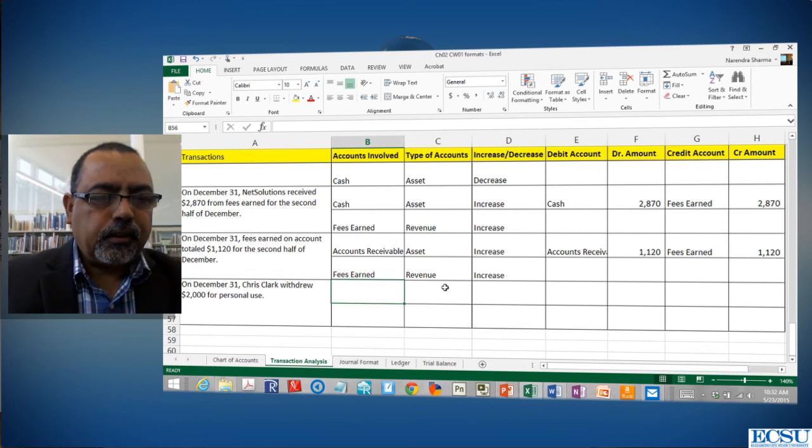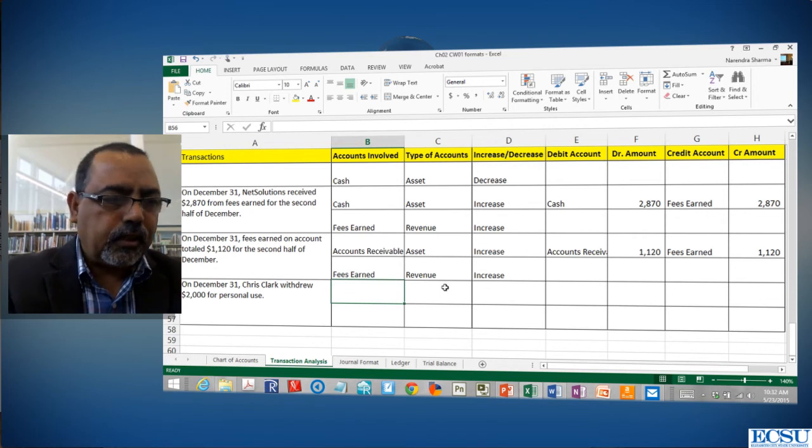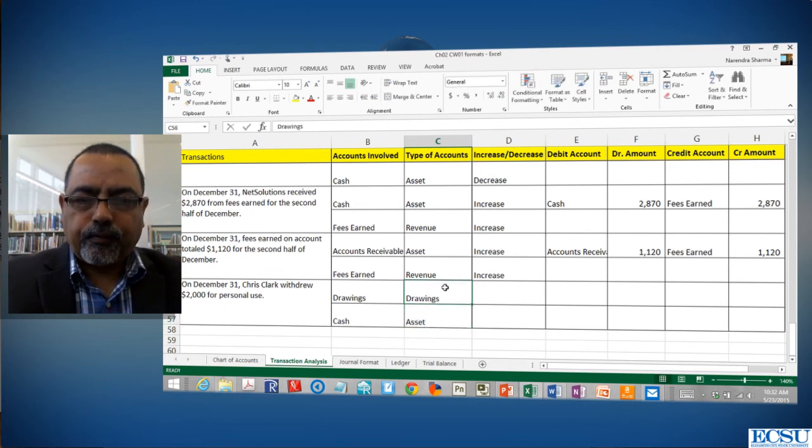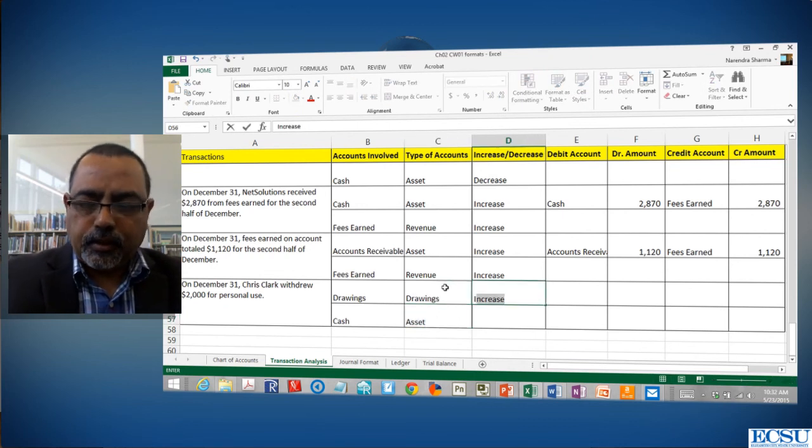Okay, now we have come to the last transaction. On December 31st, Chris Clark withdrew 2,000 for personal use. If he withdraws, that is known as a drawings account. So we'll do drawings and then cash because he withdraws cash. Drawings is a drawings account, cash is an asset account. The drawings account is increasing because he just withdrew that money.